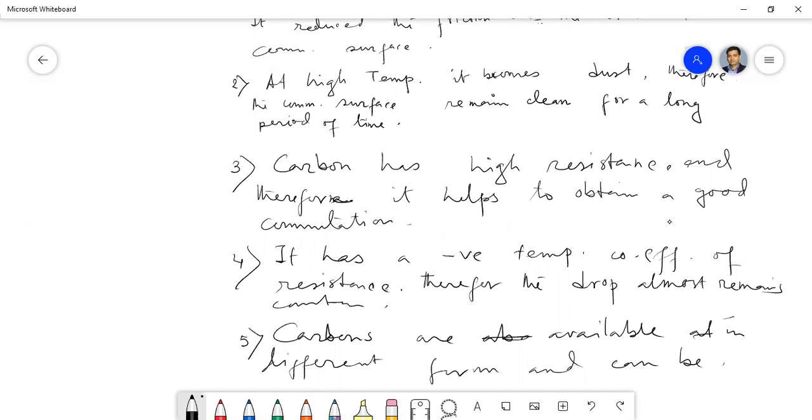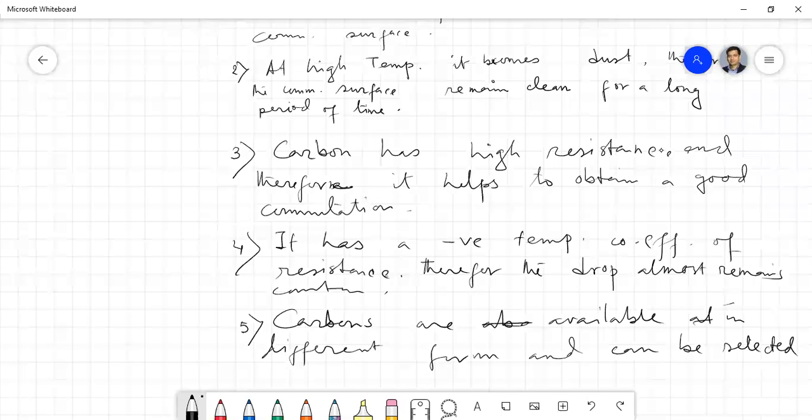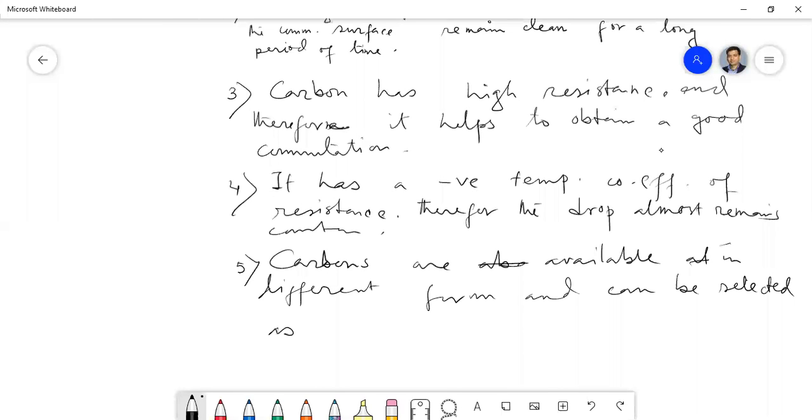Can be selected as per the rating of the machine. Okay, so these are the points for which we select the carbon as a brush material. Any doubt?